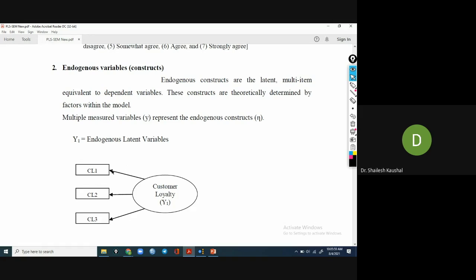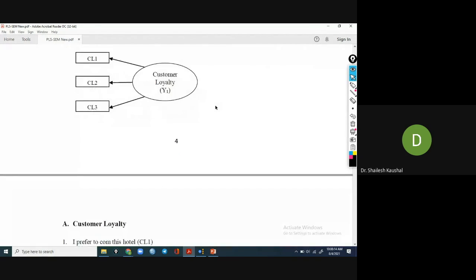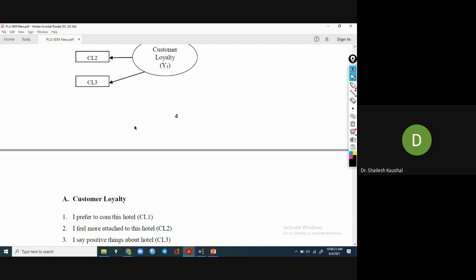So here it is a reflective measurement model, but the construct is endogenous, or latent. Endogenous constructs are latent multi-item equivalent to dependent variables, and you can see in the picture of this endogenous construct, customer loyalty is the dependent variable, or endogenous, and these are the three dependent variables.